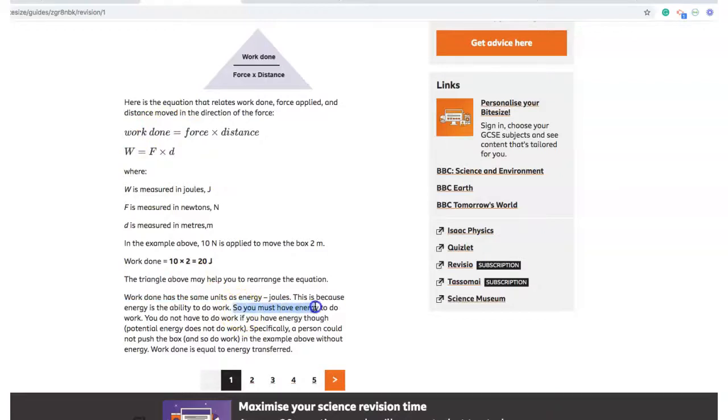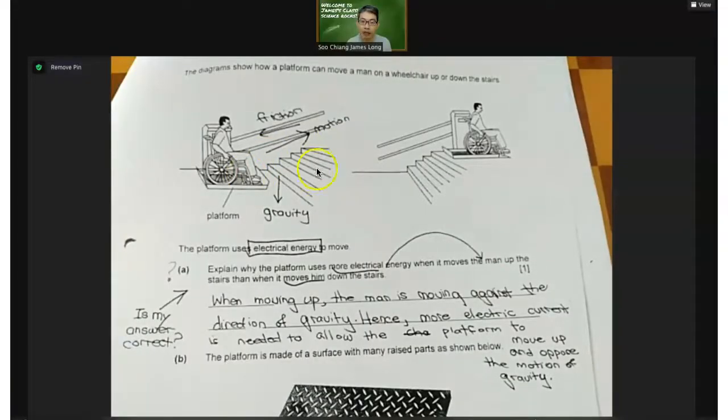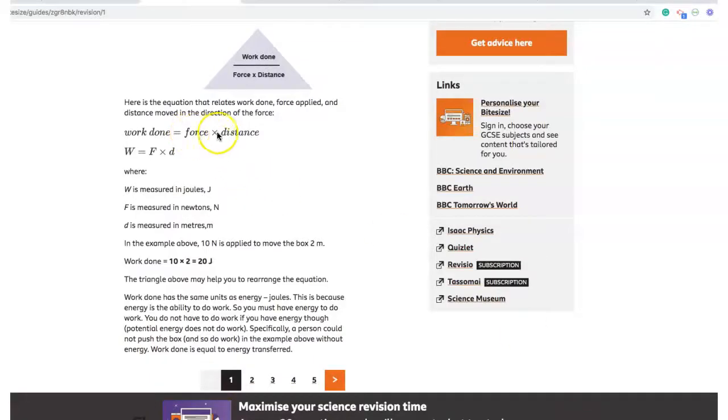You must have energy to do work. So in other words, for us to move this one up, it travels a certain distance, and a force is required to move it. Let's go back to the formula again. It moves a certain distance, a force is required, so work is done. So energy is required to do this work.